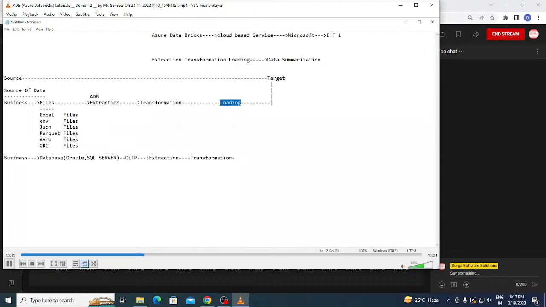So now, loading will be done. Once the loading is done, it will be loaded into the destination. This will be your destination.